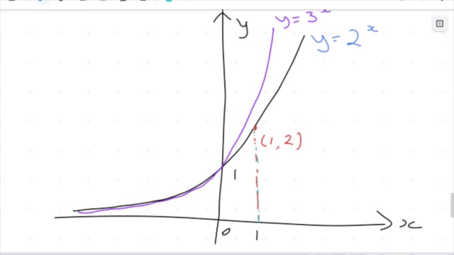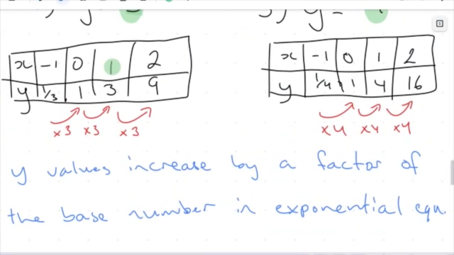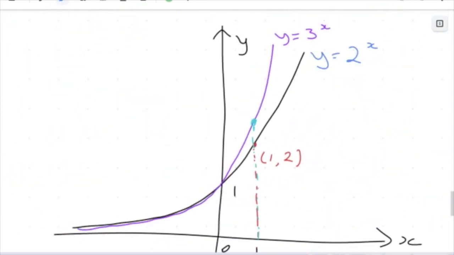When x equals 1, y equals 3 in this case. When x is 1, y is 3. So we have the point 1, 3.